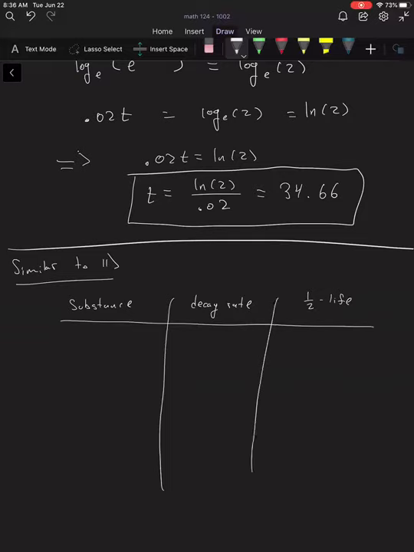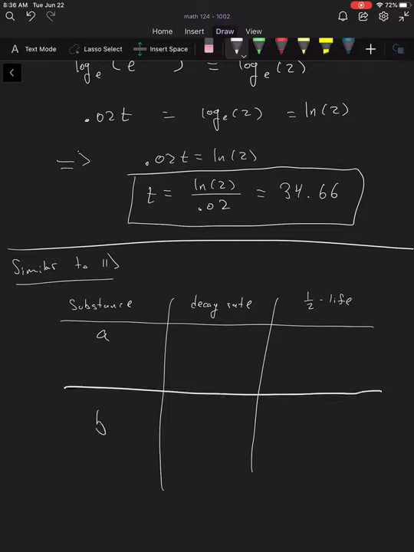Let's just do 2 substances. We have substance A, and substance B.